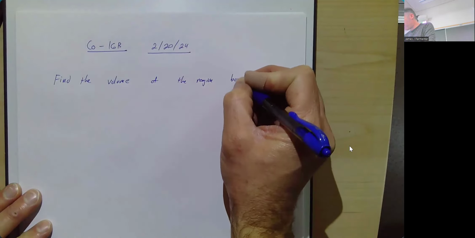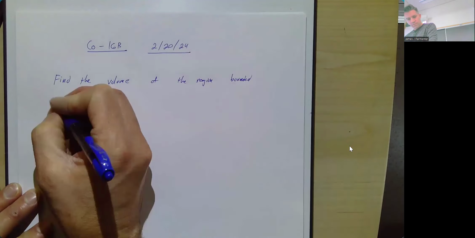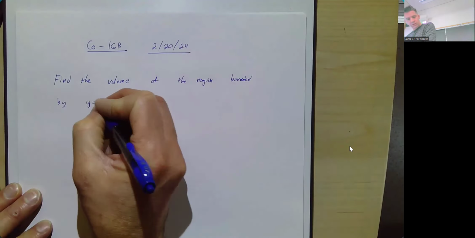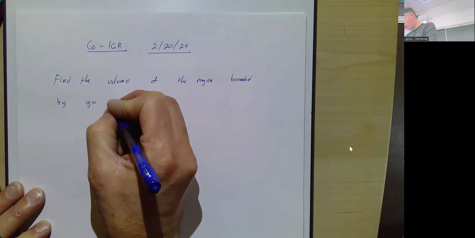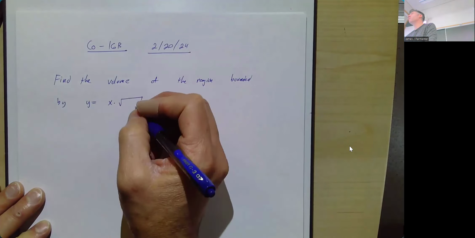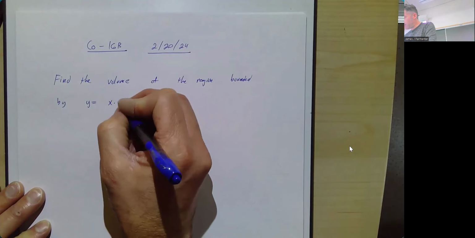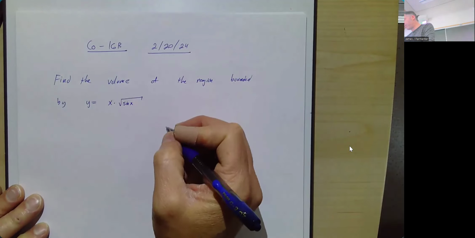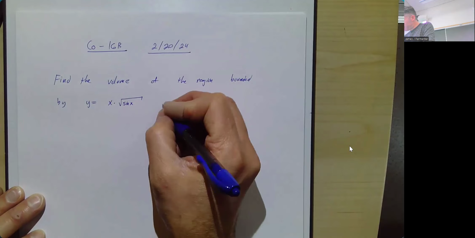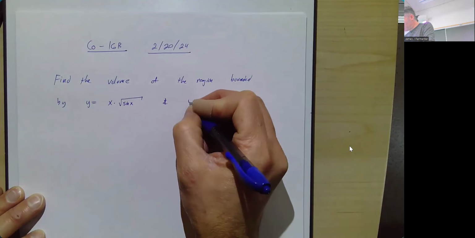Regions bounded by y equal to x times the square root of sine of x, and y equals 0.